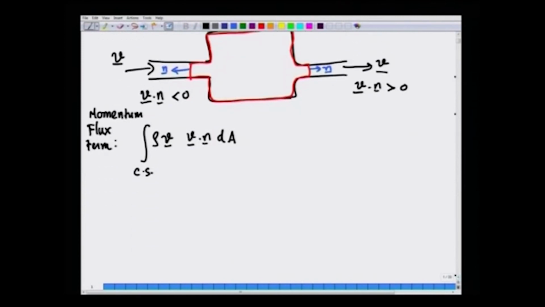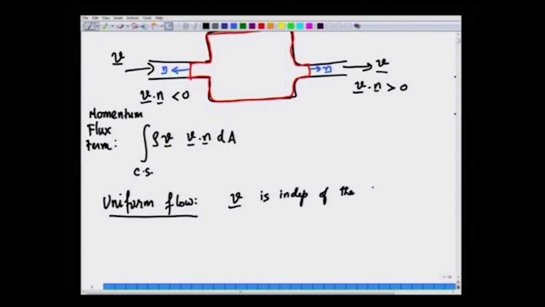Now, suppose we assume uniform flow. If the flow is uniform, then V is independent of the cross sectional area of the control surface. This implies that the velocity is a constant.